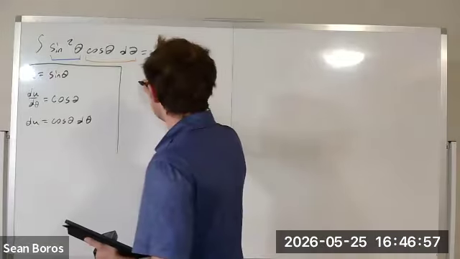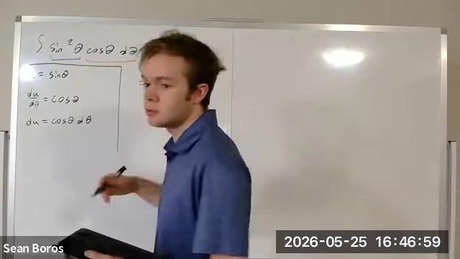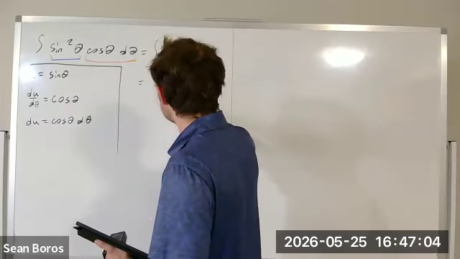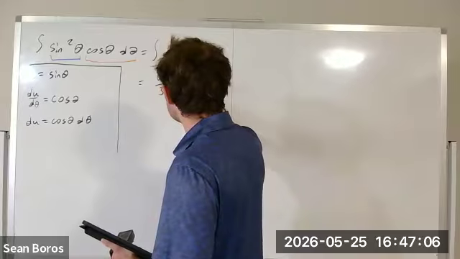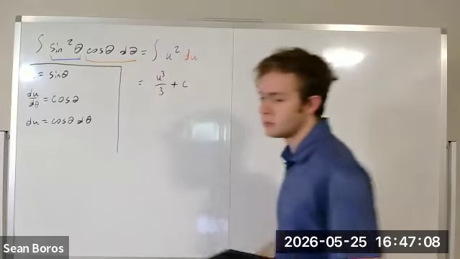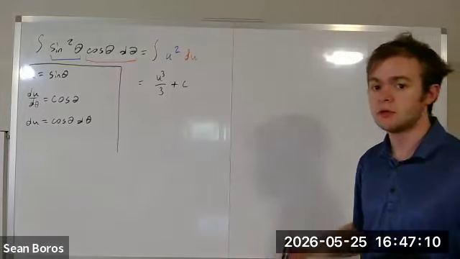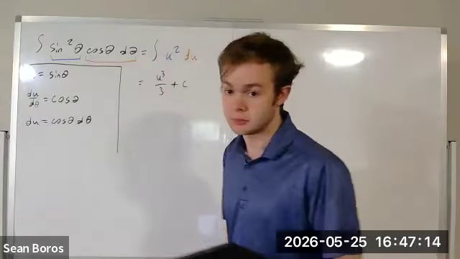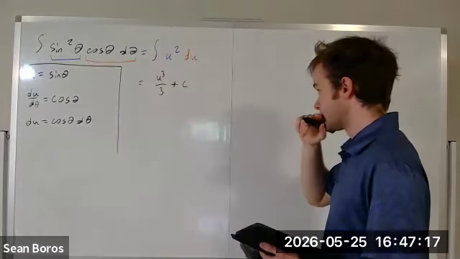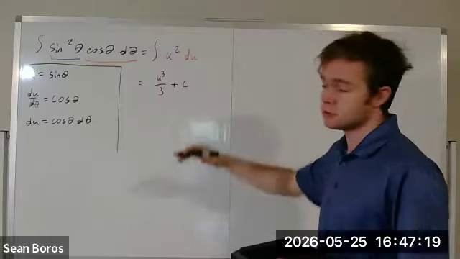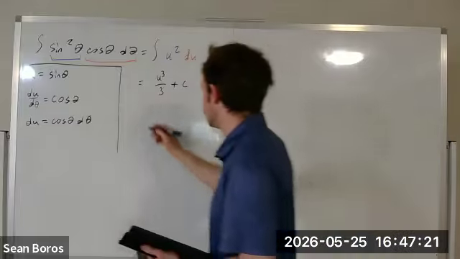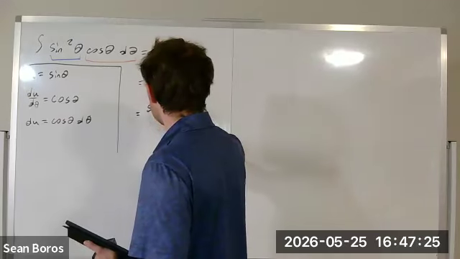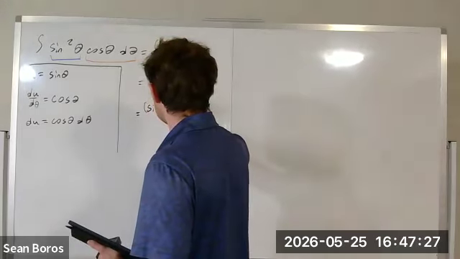So again, the integral of u squared, we add 1 to the exponent, we get u cubed over the same number, 3, plus the constant c. Right, we always have to add the constant c whenever we have an indefinite integral, meaning we don't have the limits of integration. Okay. And now we just plug back in what u was equal to. So u was equal to sine theta. So our answer here is going to be sine theta to the power of 3.